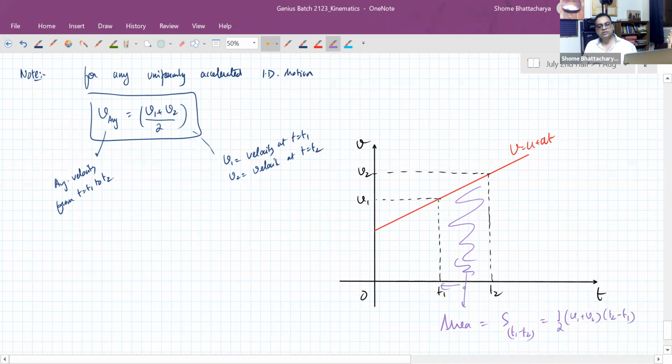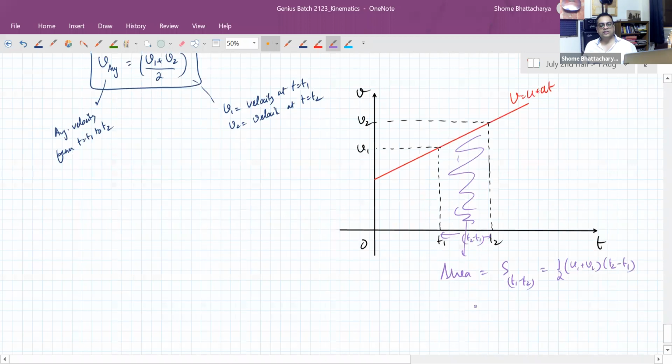This is the time interval t2 minus t1, this is v2, this vertical line is v1. Now what should be the average velocity during this time? V average from time t1 to t2 is the displacement divided by the time, so it is half of v1 plus v2.